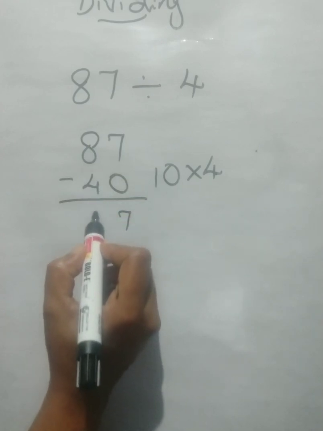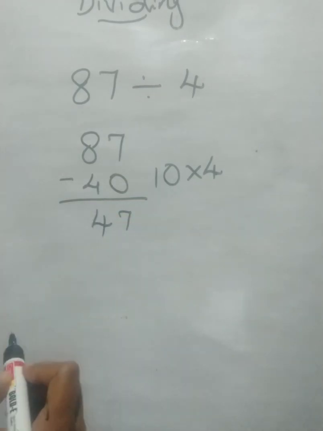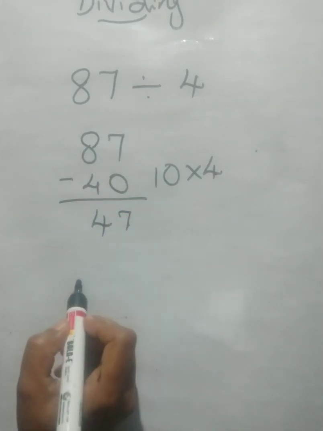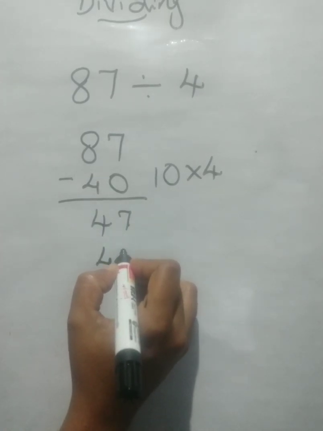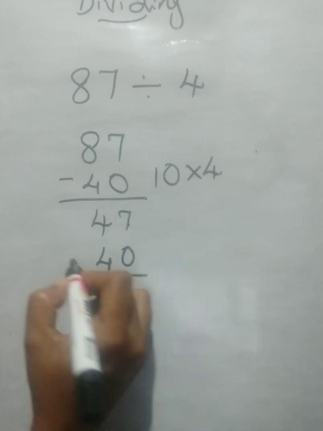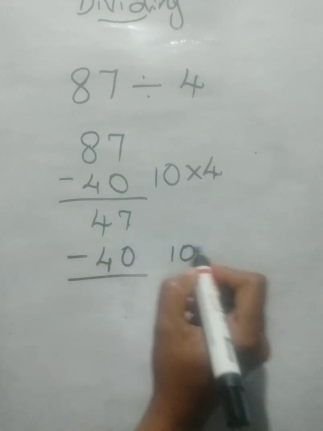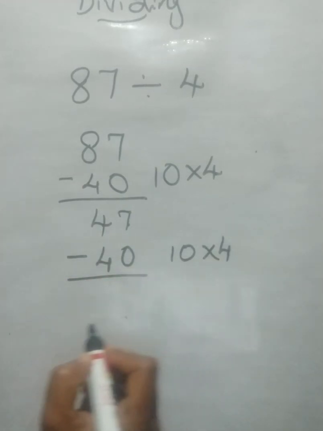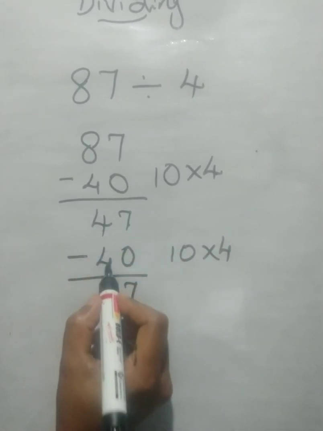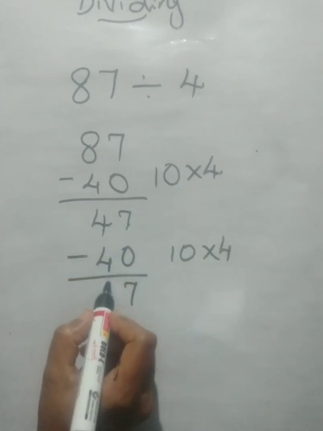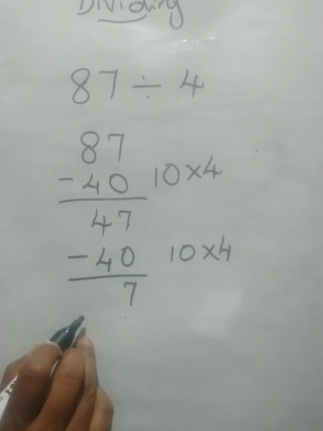Then 8 minus 4, 4 itself. This is 47. We know in 47, 40 is there. Then subtraction. Again 10 times 4. 7 minus 0, 7. 4 minus 4, 0. We can write there 7 itself.